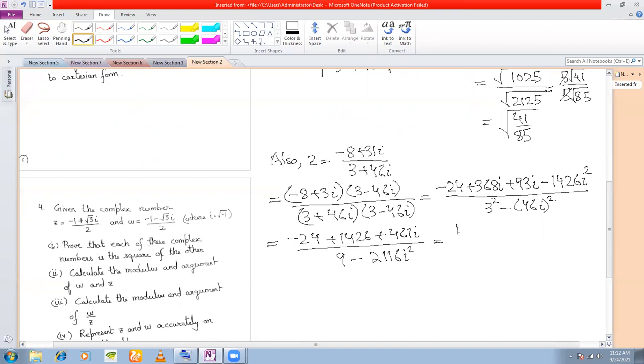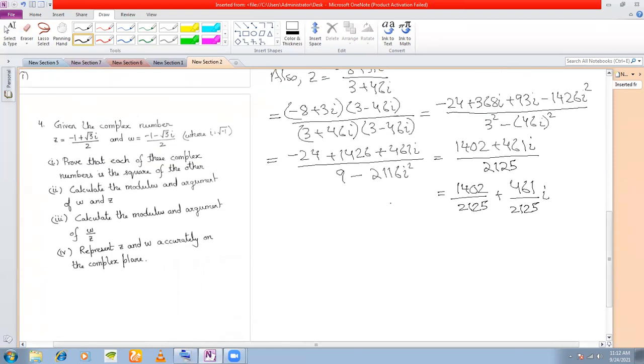Putting i square is equal to -1 and simplifying, you get 2125. So if you separate, you get 1402 divided by 2125 as your real part, and 461 divided by 2125 i as your imaginary part.